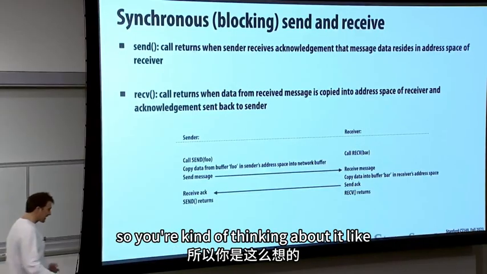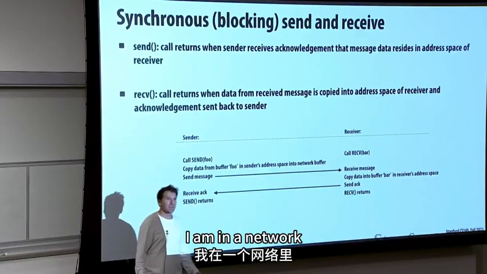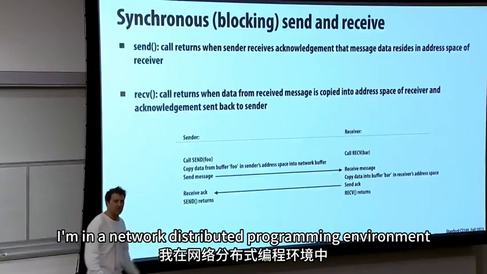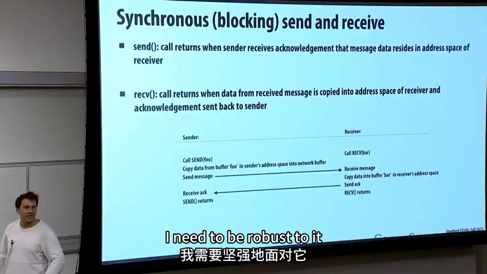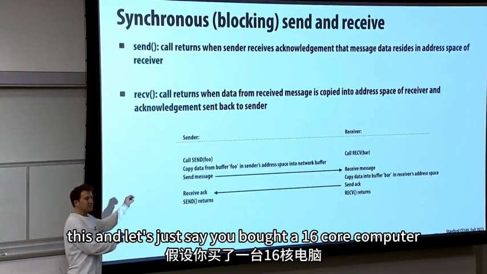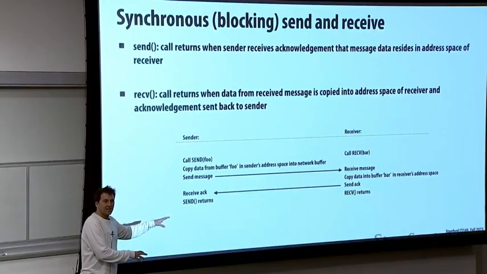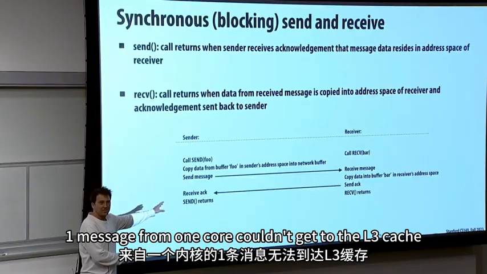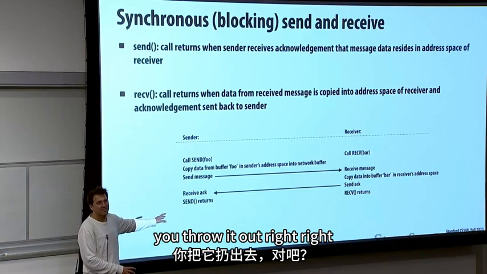So you're thinking about it like I'm in a network distributed programming environment, failures happen, I need to be robust to it. Now take this, and let's say you bought a 16-core computer and one message from one core couldn't get to the L3 cache. You throw it out.